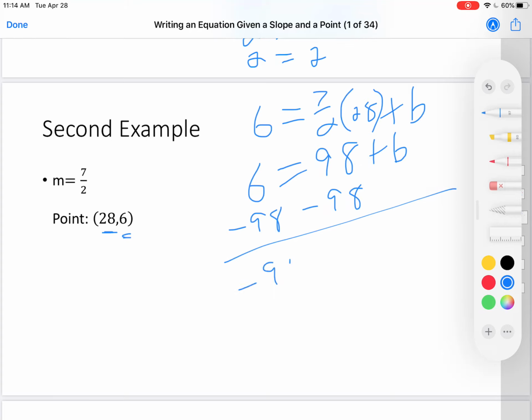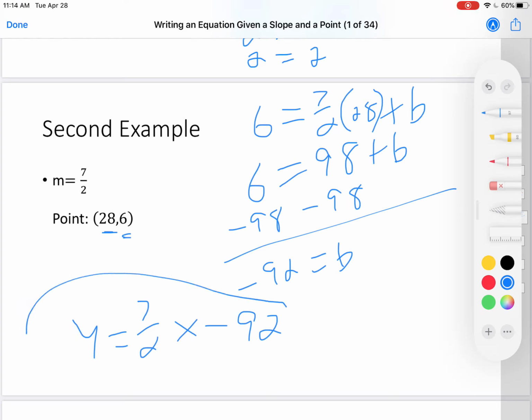You get negative 92. b is negative 92. So therefore, y equals 7/2 x minus 92. Minus 92 because it was negative 92. If it was positive 92, I would have put plus 92. And that should be the equation.